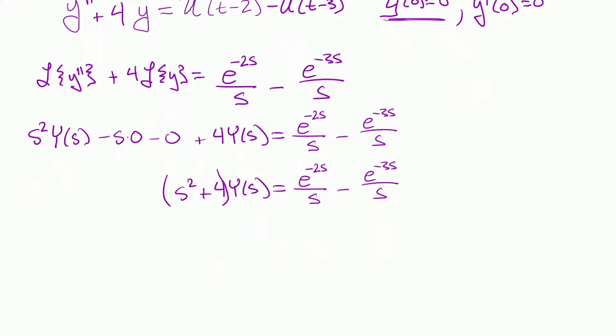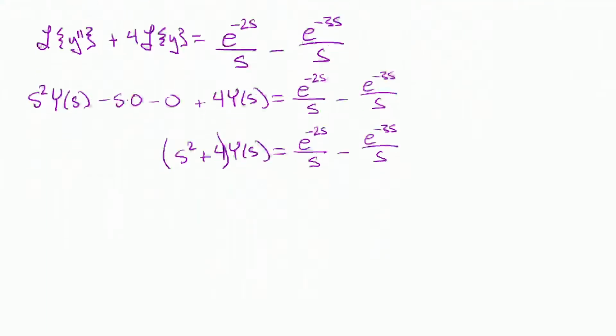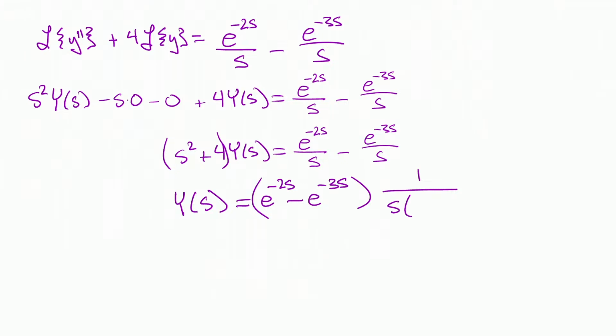All right, now in order to make my life easier, I can guarantee that the quiz is not like this, in the sense that it won't be quite as complicated because it's only a first derivative, not a second derivative. But anyway, here's what I'm going to do, s times s squared plus 4. Okay, so I've solved for this Y of s.